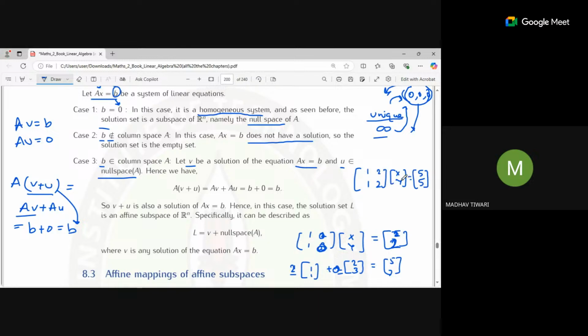Okay. So it can have infinitely many solutions. So 1 times this 1, 1 and 2 times this 2, 2 will form this, and 3 times this 1, 1 and 1 times this 2, 2 will again give the same. So the solution only exists when b belongs to its column space. Okay.